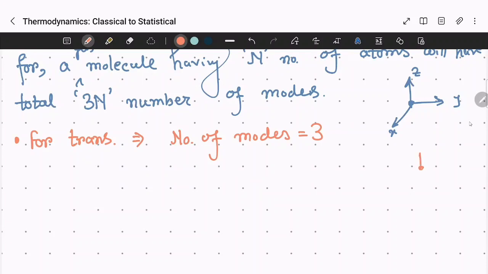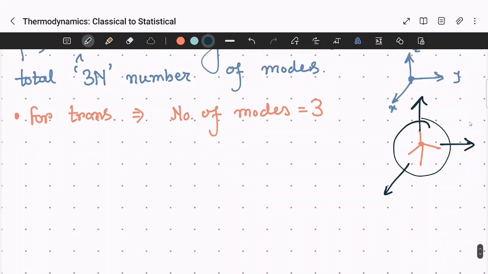How does it look? This is a methane molecule. This methane molecule can go in x direction, in y direction, or z direction. Is there any option? No, there is not any option. So number of modes will be 3 for any molecule. It can consist of 1,000 atoms, but the number of modes for translational energy will be 3. Clear?